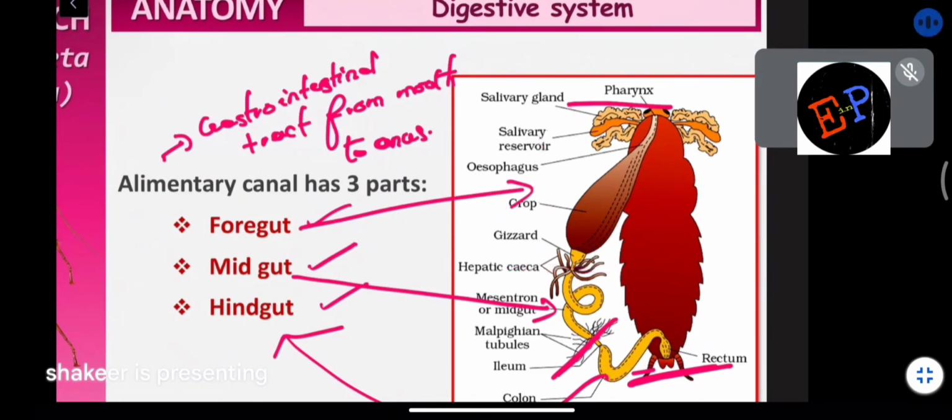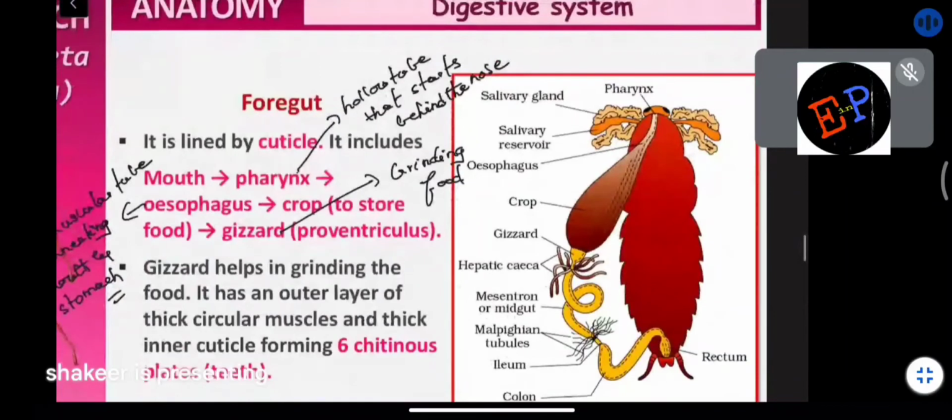Hepatic caeca. You are seeing, no? Up to the hepatic caeca, this is called the foregut. The region between the hepatic caeca and the Malpighian tubules is called the midgut. And from the Malpighian tubules up to the anus, we can call it the hindgut. So these are the three parts. Now let us see each of them in detail.